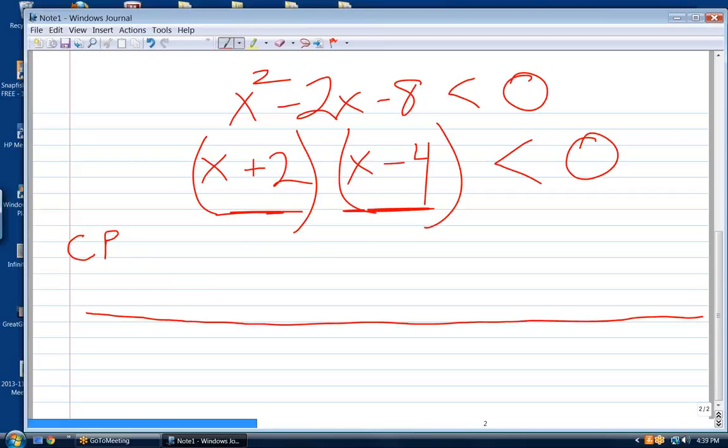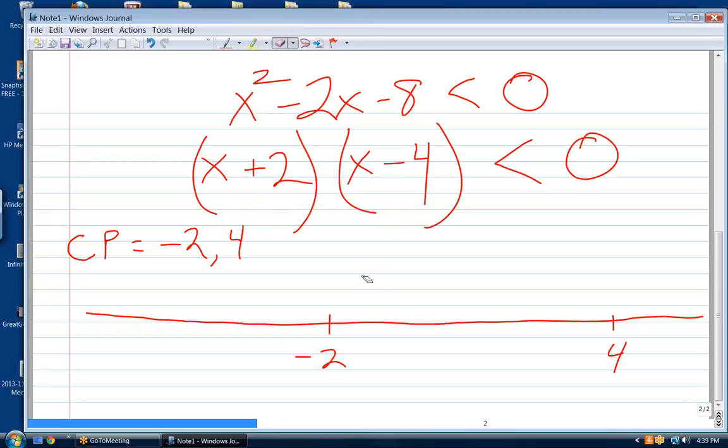So what are my critical points? Negative 2 and 4. Let's plot those. And I purposefully leave 0 off my graph because 0 is not a critical point here, so I don't want to mistake it for being a critical point.